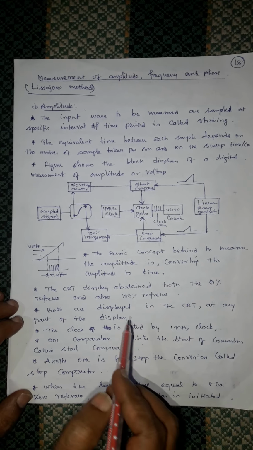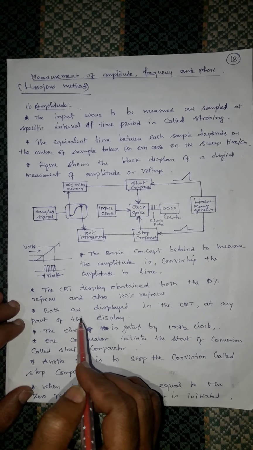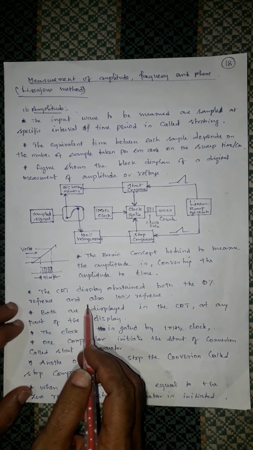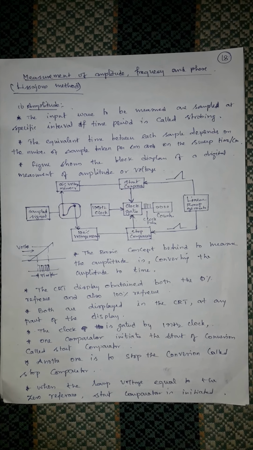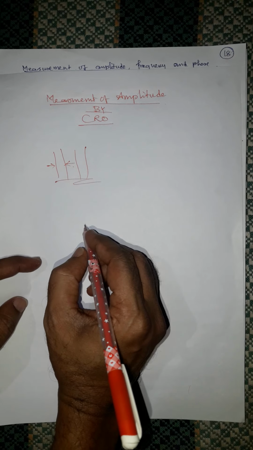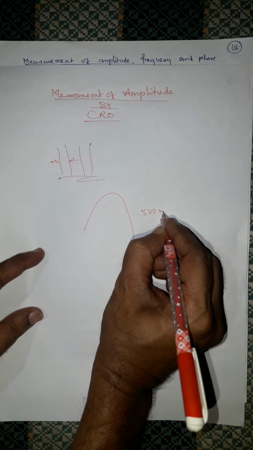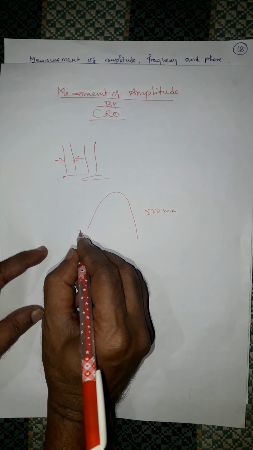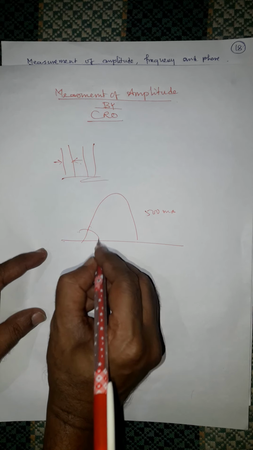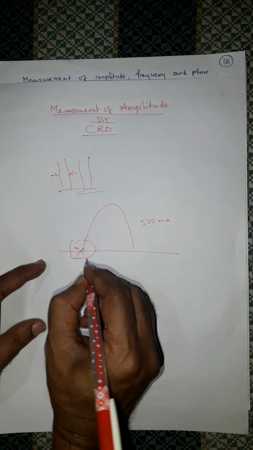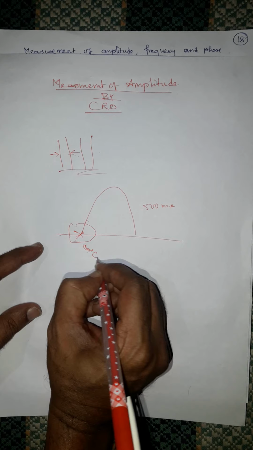The CRT display obtained has both the 0% reference and also the 100% reference. What is called the 0% reference and the 100% reference? Suppose you are going to measure 500 milliamps. Here, this is the zero reference. The voltage at this point is 0.